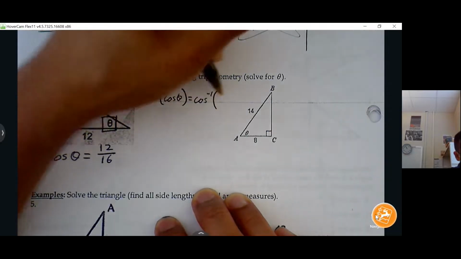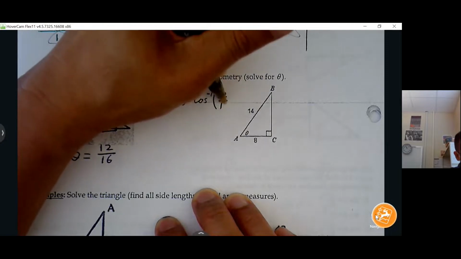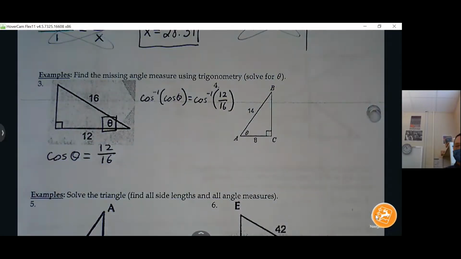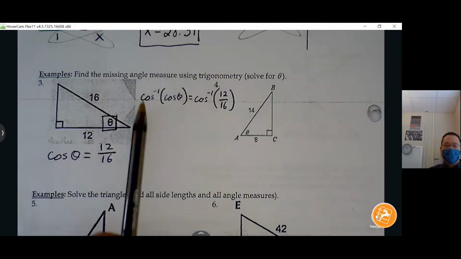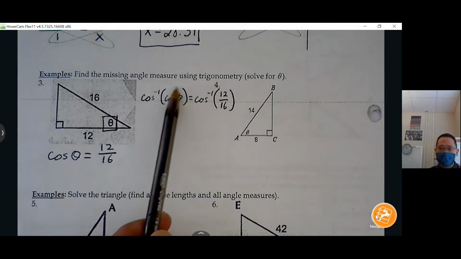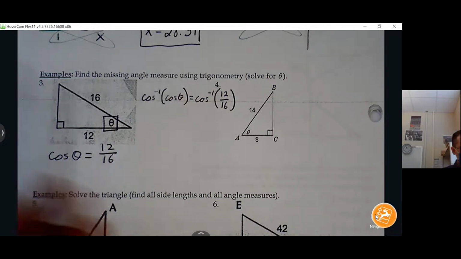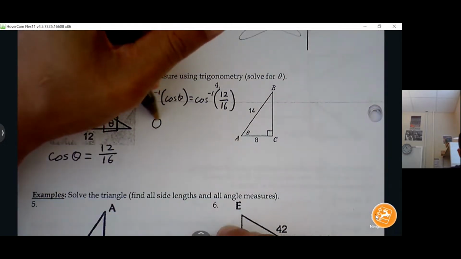I'm doing the long way right now to show you that we're doing the same thing on both sides. We're undoing that cosine on the left side, but whatever we do to the left side, we're doing to the right side as well. The inverse cosine of cosine is just going to wipe each other out, leaving me with just theta.